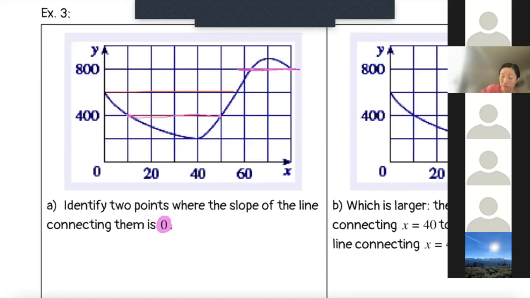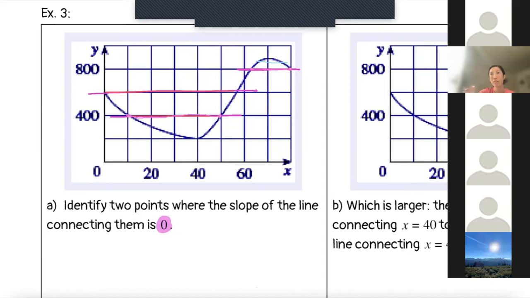That would give me a slope of 0. I could connect these 2 points. That would give me a slope of 0. I could connect these 2 points. That would give me a slope of 0. Are there more? Or is that it? It's infinite, right? I think in this particular diagram, yes, we could find an infinite number of them.